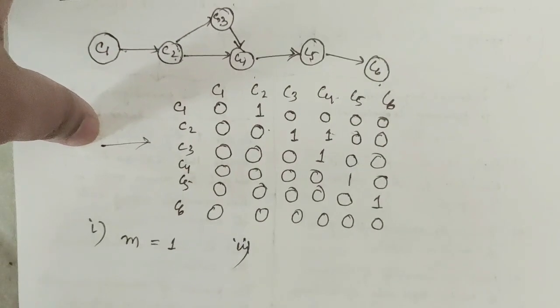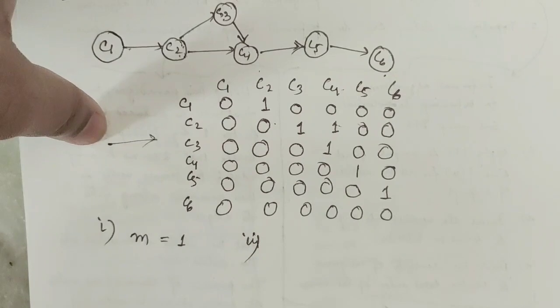The node has no predecessors. Identify a column from the adjacency matrix of 0 elements. If a column of zeros is present, it means that the node has no predecessors. Fine.